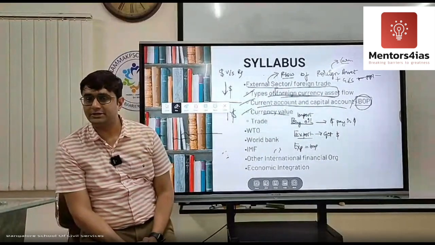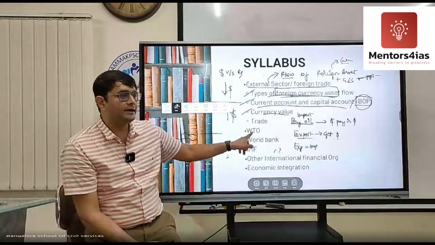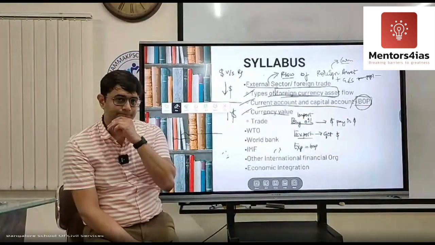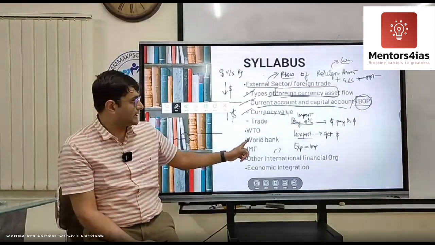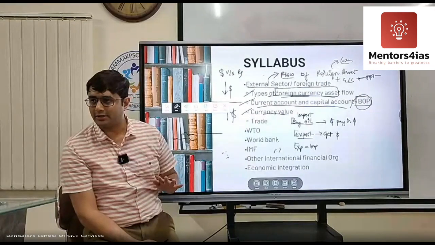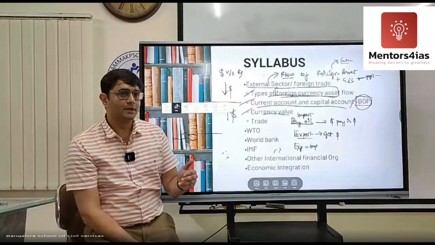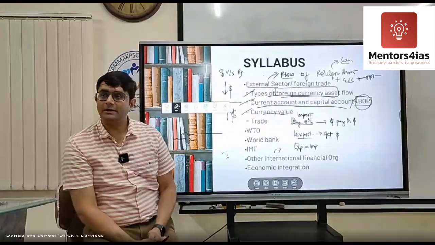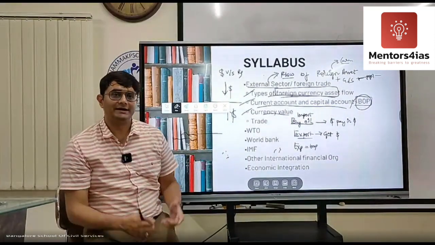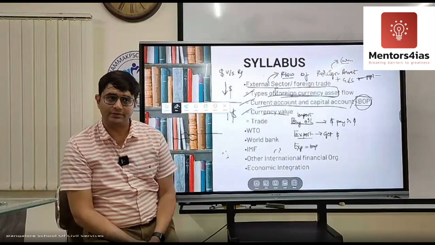international organizations like WTO, World Trade Organization, to promote trade across the world, which promotes rule-based trade. Then World Bank, which promotes infrastructure development across the world.